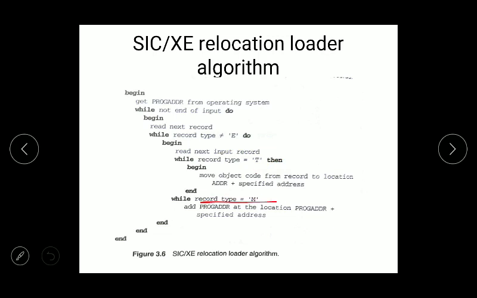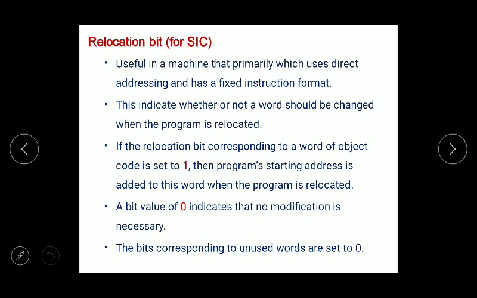While record type is equal to M, then add the program address at the location program address plus specified address. If there is a modification record, then the address field needs to be modified. We have a modification record for each format 4 instruction. So this is the algorithm for the SIC/XE relocation loader.